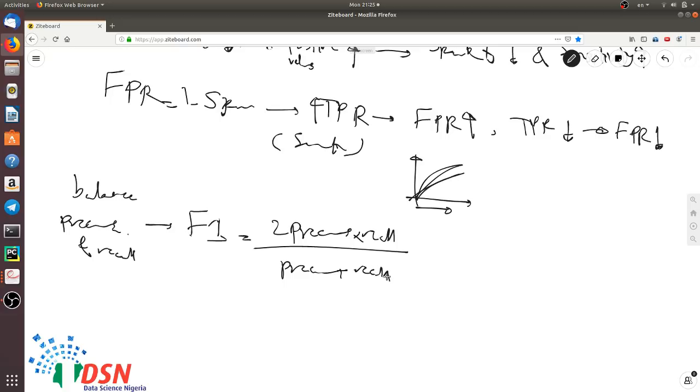Because there is a trade-off between precision and recall, if you want to see the performance of your classifier with just one number and compare different classifiers, then using the F1 score could be very useful.